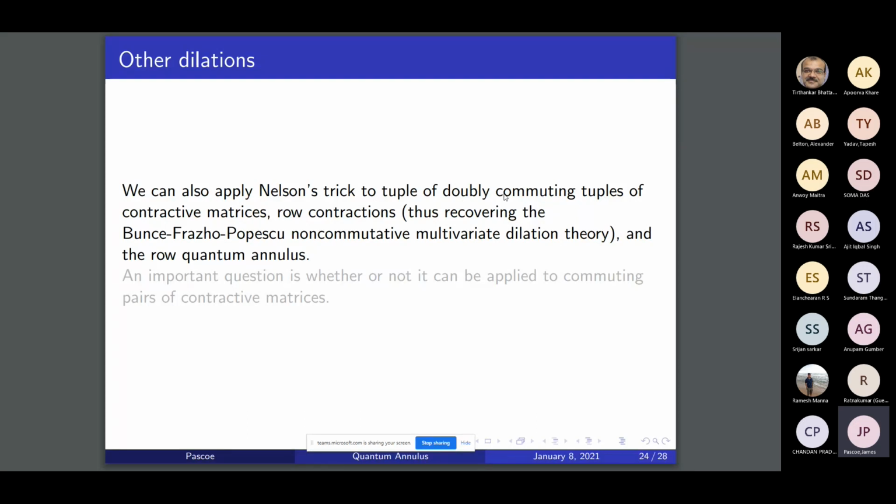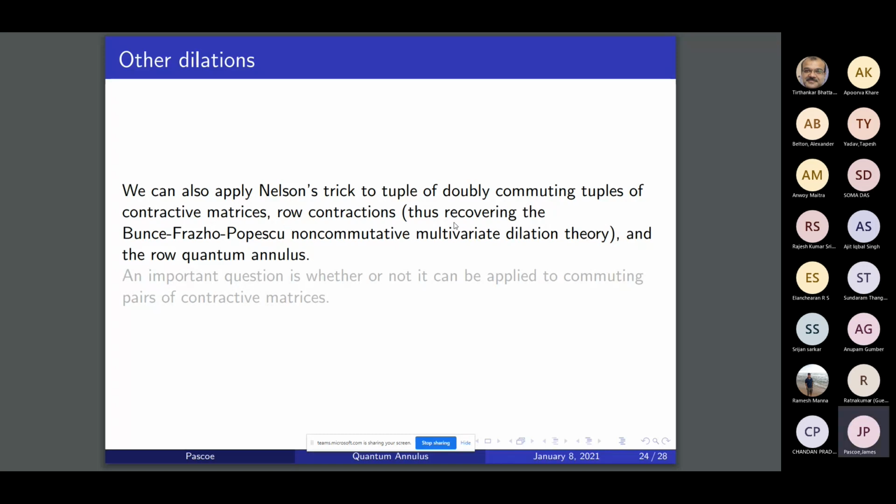That means that not only does Ti commute with Tj, but Ti needs to commute with Tj star whenever i does not equal j. So that basically makes it so that the U's and the V's that occur in their SVDs happen to commute, and that makes it very suitable for this Nelson's trick.